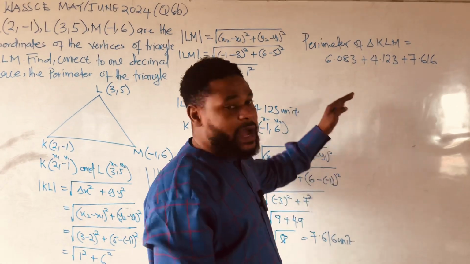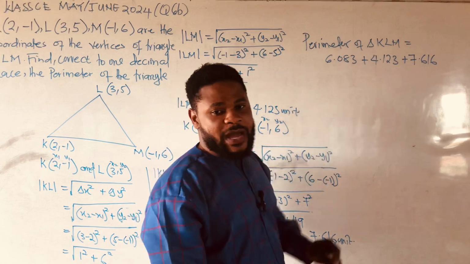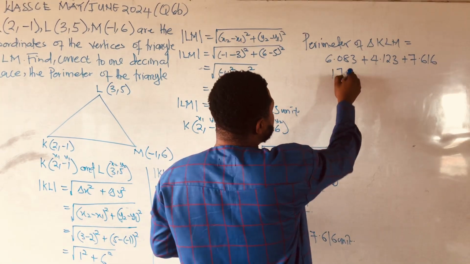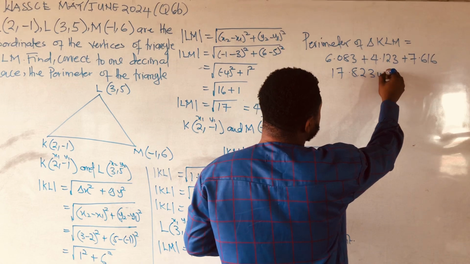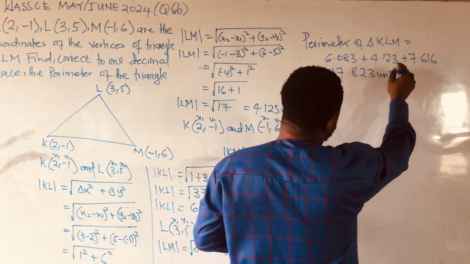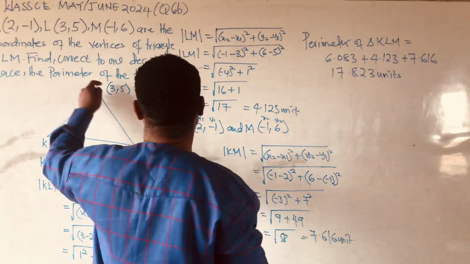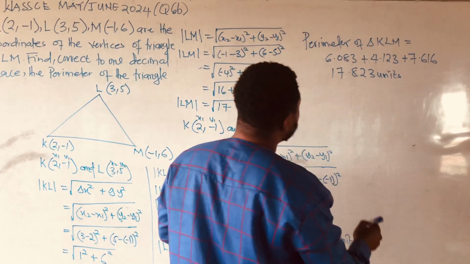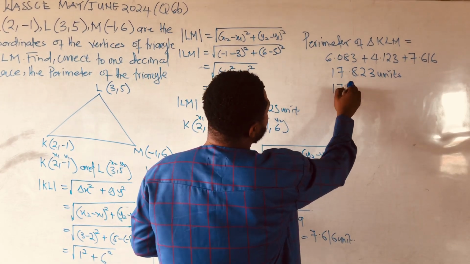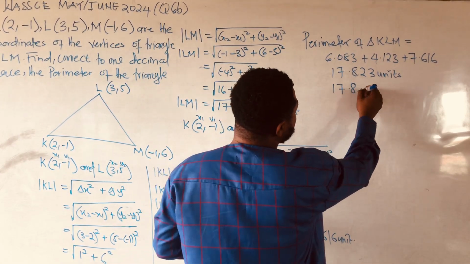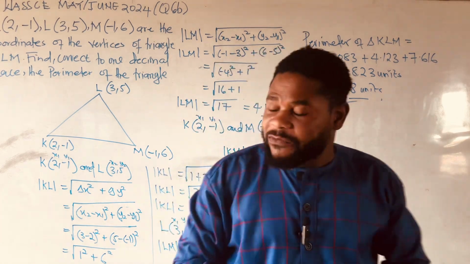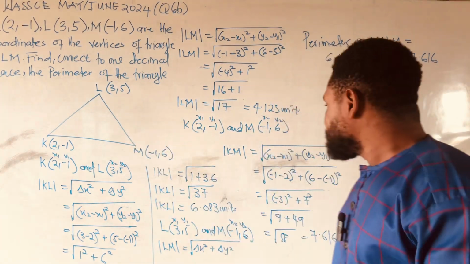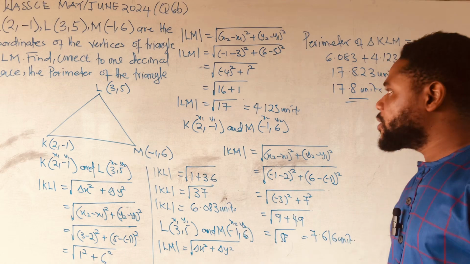When we add all this, we get 17.823 units. And we have been told to leave our answer in one decimal place. So to one decimal place, we have 17.8 units. So this is how we can find the perimeter of this triangle.